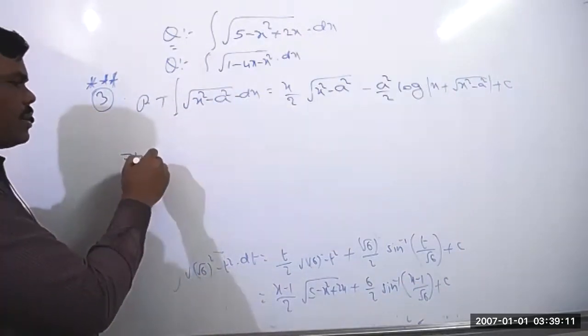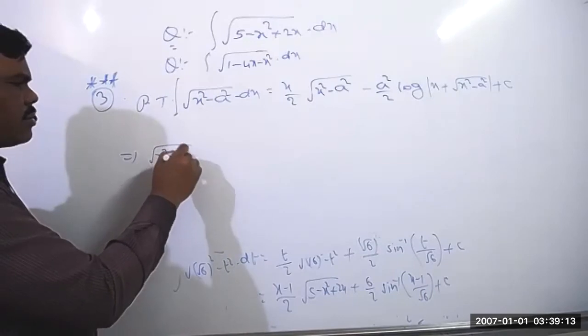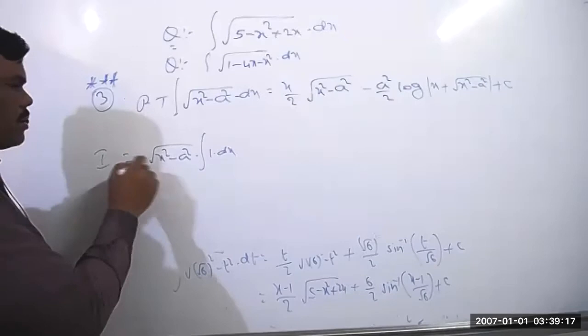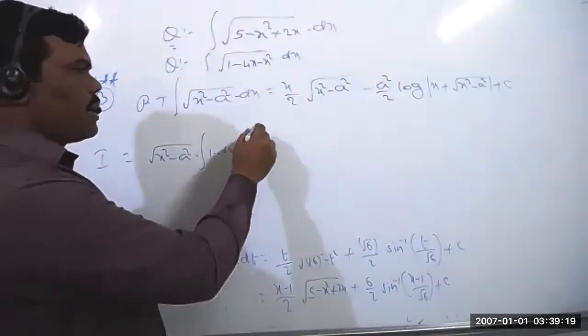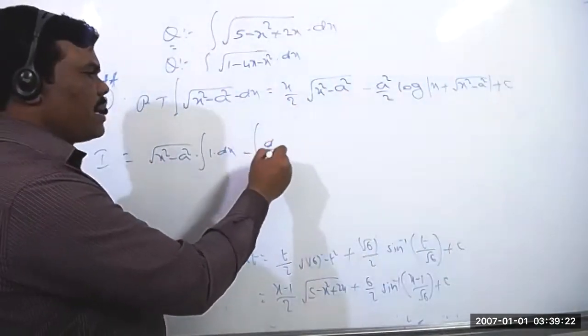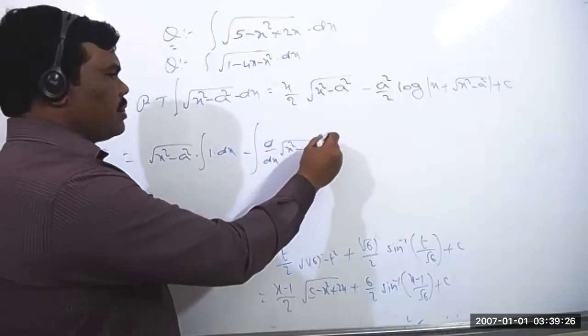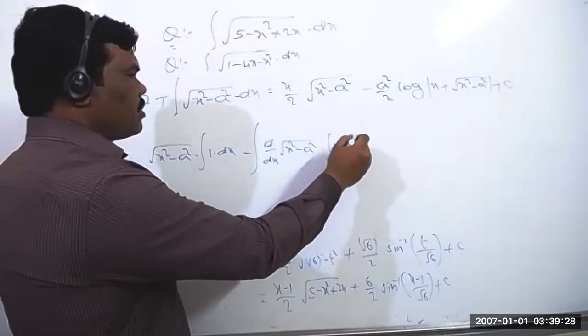So you will get clearly that I is root of x square minus a square into the integration of 1 into dx, minus the integration of d by dx of root of x square minus a square into the integration of 1 into dx, the whole into dx.